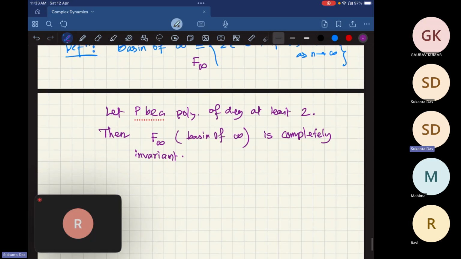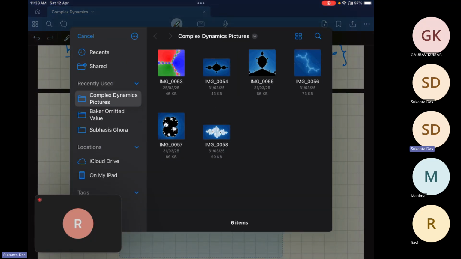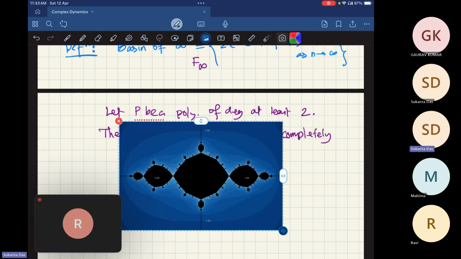So this actually holds. Maybe I should just illustrate this. Earlier I have given an example.